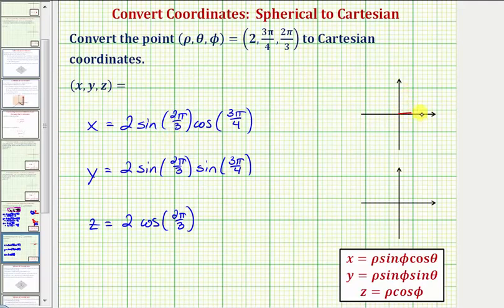So the initial side would be here, the terminal side would be approximately here, where we'd have a reference angle of π/3 radians, or 60 degrees.